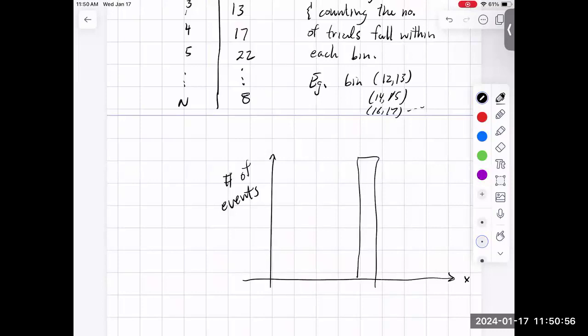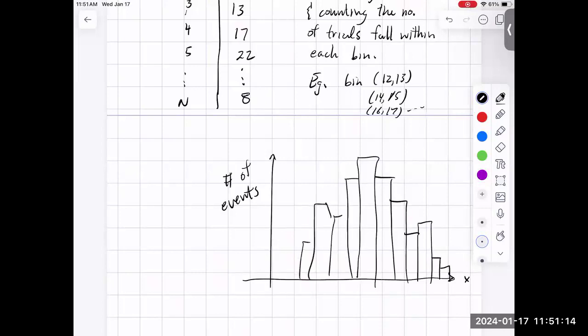In the bin that has 18 or 19 counts, we'll have a lot of those, maybe 100 of them or something like that. As we move away, the distribution gets smaller and smaller, and in the tails there's not much happening. It won't be a perfect bell curve; there'll be some fluctuations, but maybe this is our distribution of measurements.